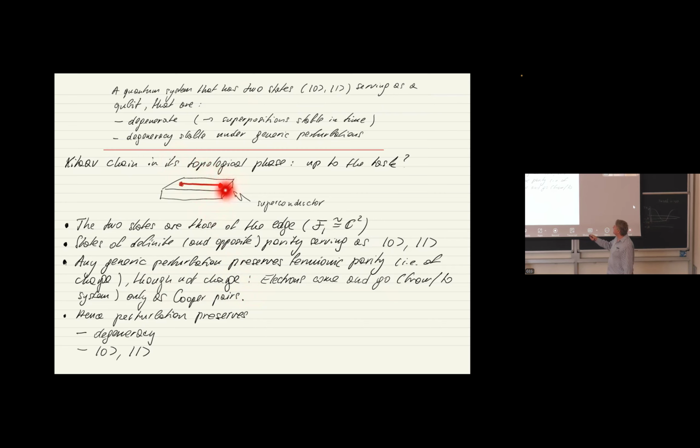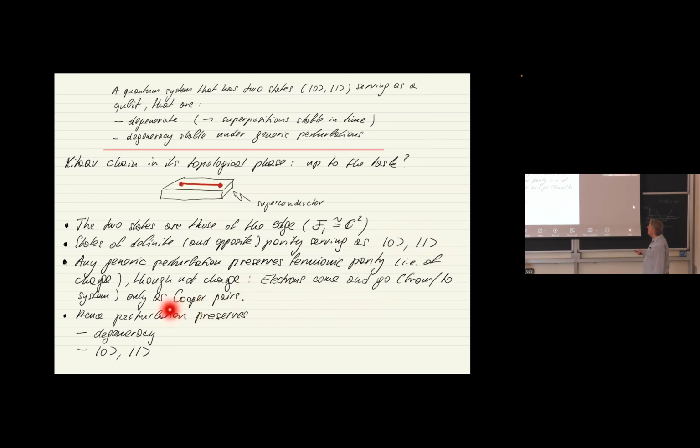So the charge contained in this red system is not conserved, but the idea is that only Cooper pairs can be exchanged between the red thing and the superconductor. So the fermionic parity is respected by the environment, and therefore it will not affect the states, the 0 and 1 that you use for computing.